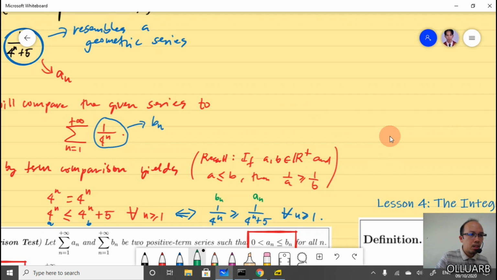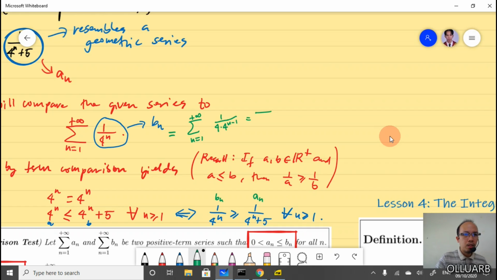From here, this is a geometric series. We can write this as the summation of 1 over 4 times 4 to the n minus 1, n starts from 1 to positive infinity.